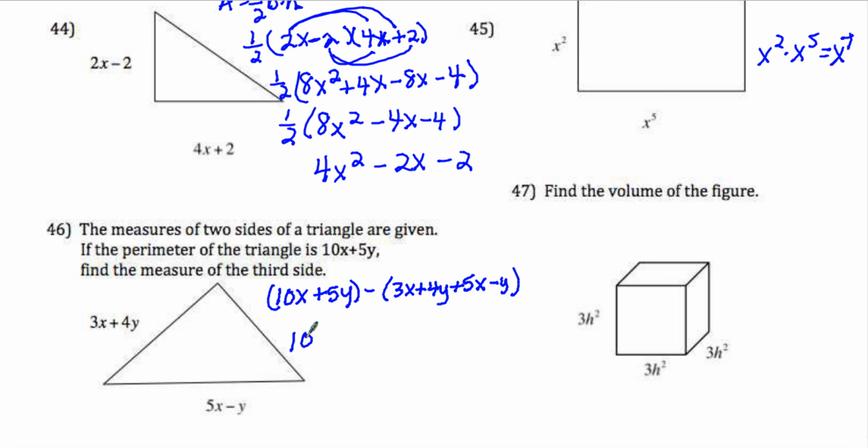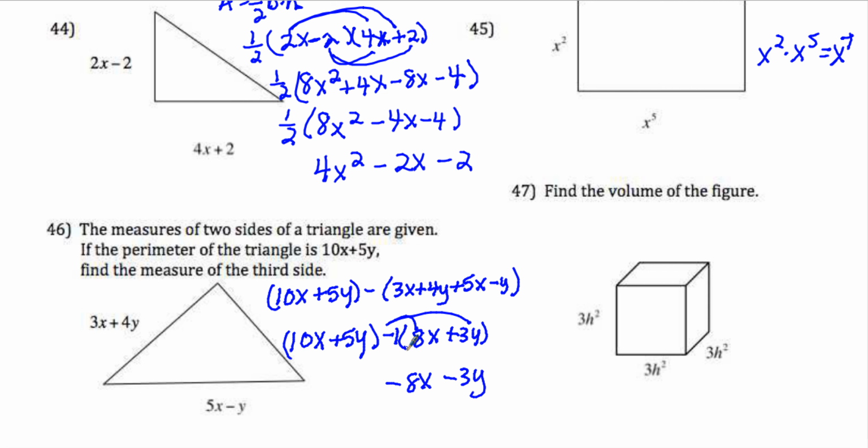So I get 10x plus 5y, and I'm going to go ahead and simplify this in here before I distribute. So I get 8x plus 3y. So now I'm going to distribute that negative through. So I get negative 8x minus 3y. That's going to be the biggest problem, is that you forget. You remember the first one, but you forget the second one.